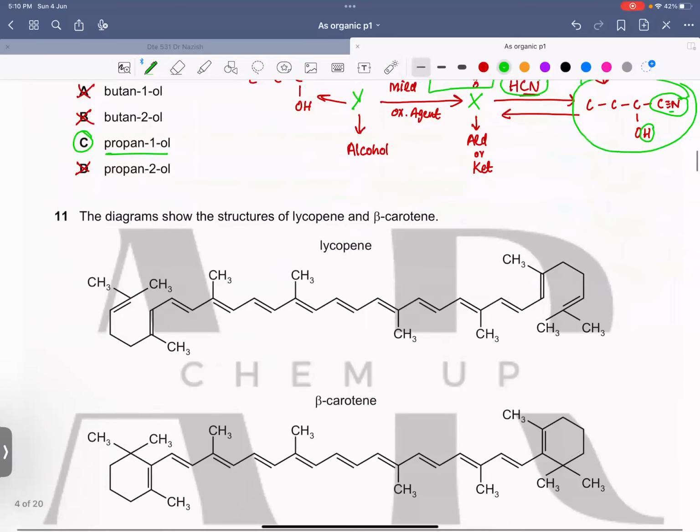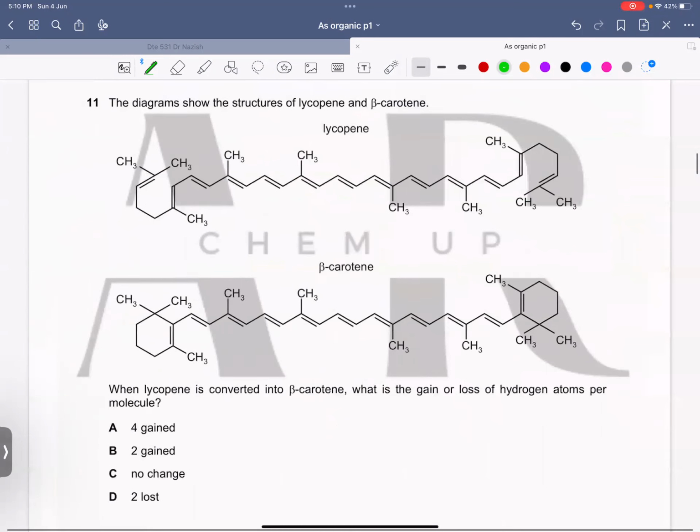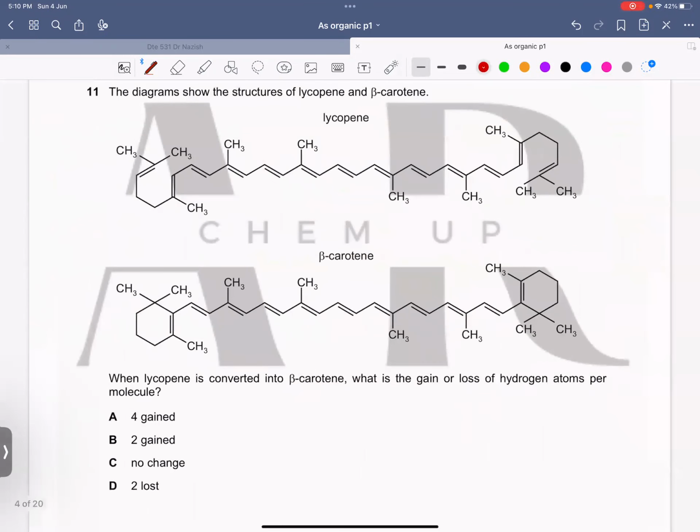Now, question number 11. The diagrams show the structure of lycopene and beta carotene. When lycopene is converted into beta carotene, what is the gain or loss of hydrogen atoms per molecule?